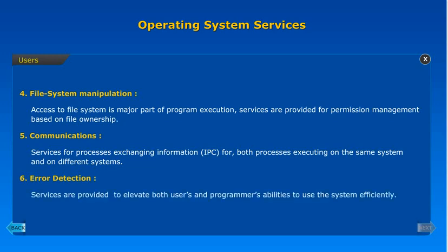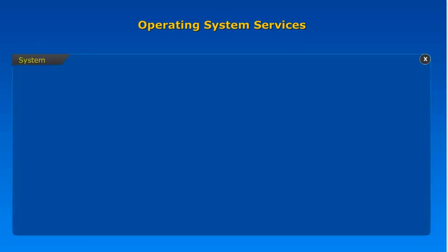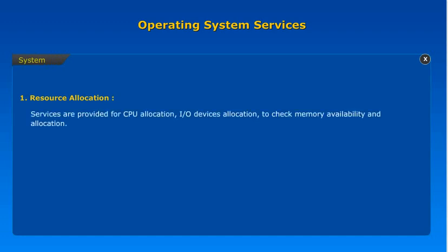Services are provided to elevate both users' and programmers' abilities to use the system efficiently. Resource allocation. Services are provided for CPU allocation, I/O devices allocation, to check memory availability and allocation.